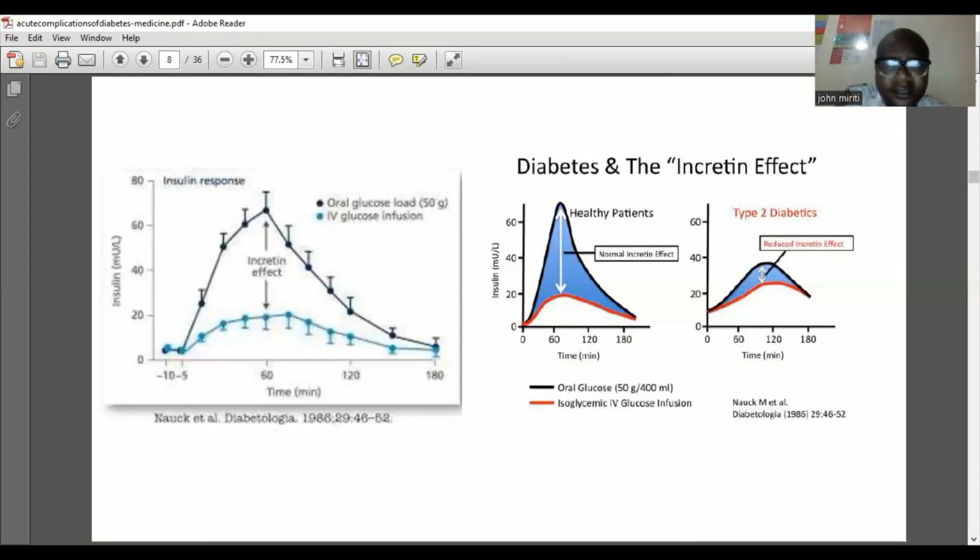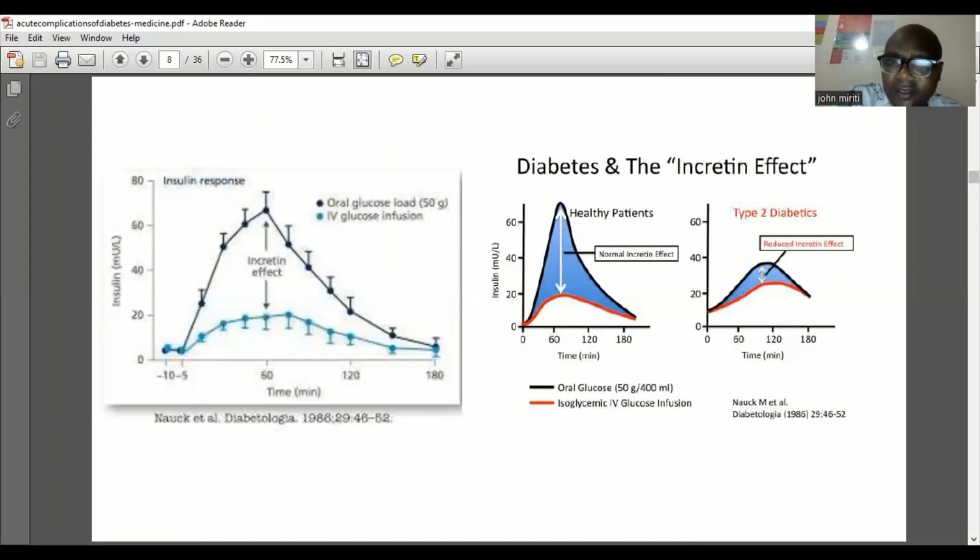Now, let us look at the diabetic and the incretin effect. The first one is in a normal person. Let us now see this in a patient who is diabetic. In a normal person, after being given 50 milligrams of glucose orally, the patient will produce insulin to around 70 to 80, and the difference is very wide.